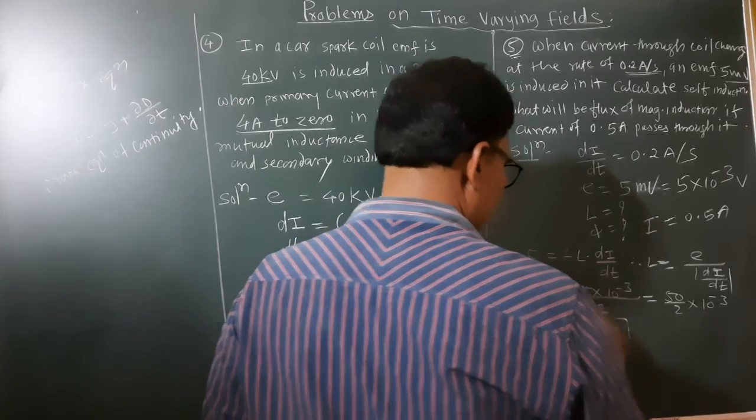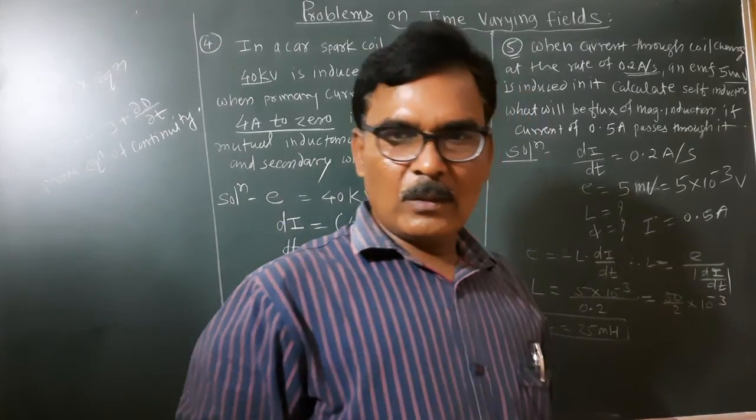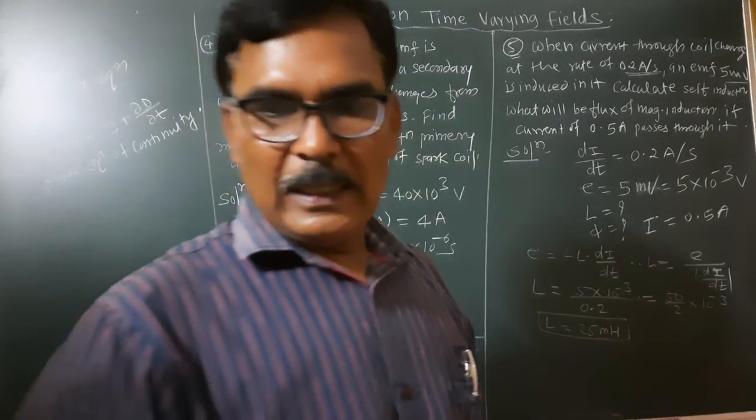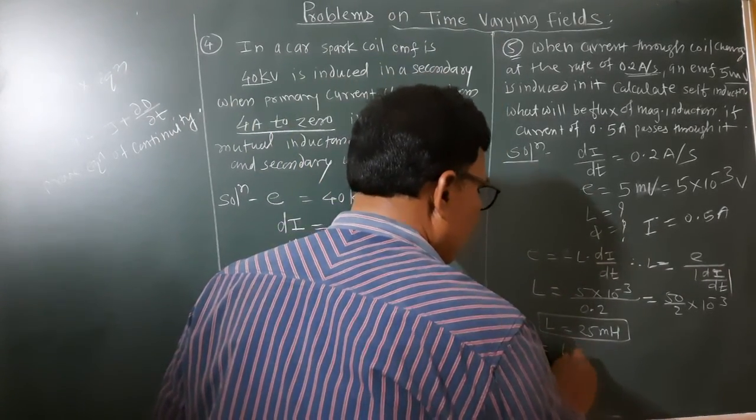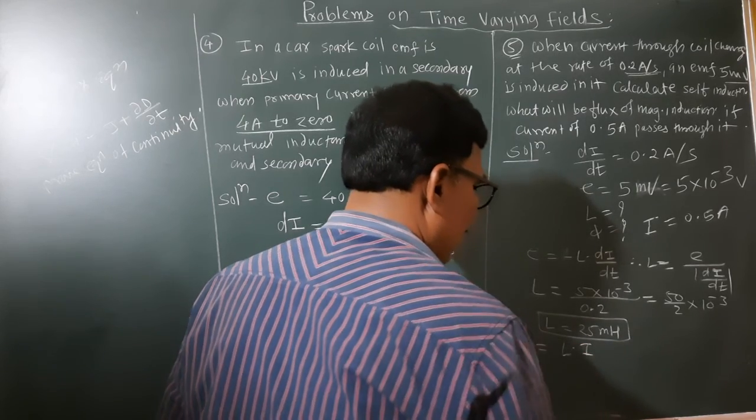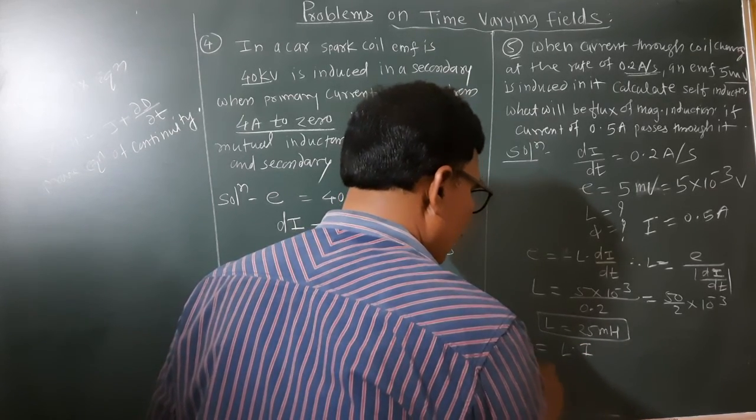This is nothing but the coefficient of self-inductance. And phi is equal to, what is the formula? Phi is equal to L into I. I is given here, L we have found.